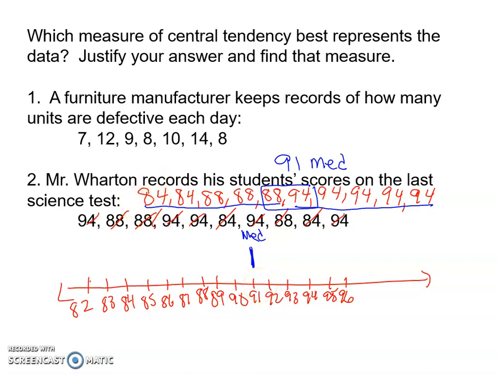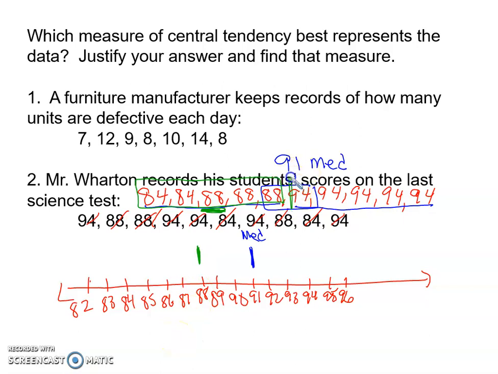Now, let's look at this low half of the data. Here's the low half of the data down here. Okay? We want the middle number here. So if you look at this set of data, my middle number is an 88. So that's where one of my ends of my box is going to go.